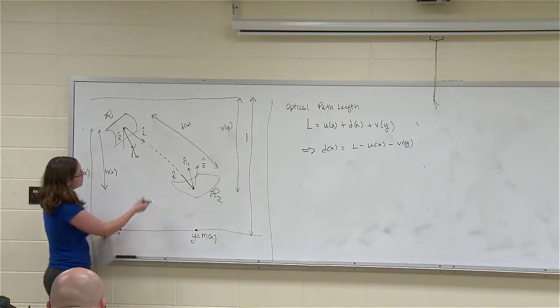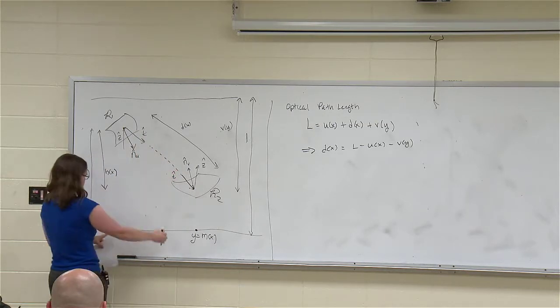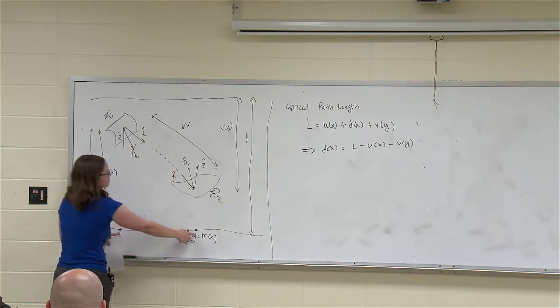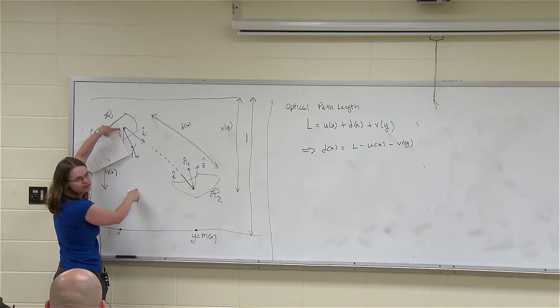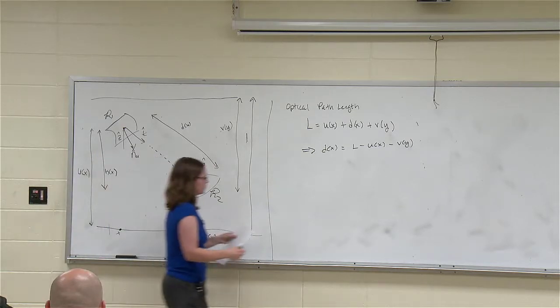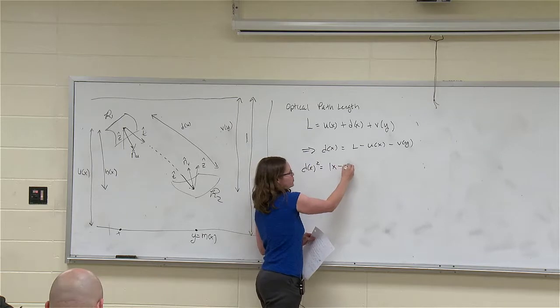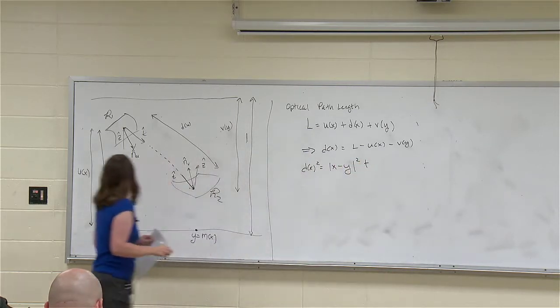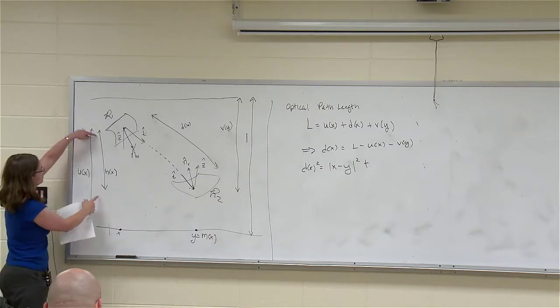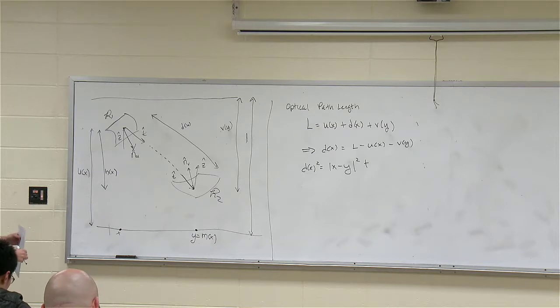But another way to characterize it would be to say this is the hypotenuse of a triangle, where we have this distance from x to y as one length, and this distance between these two guys is another length. So we could also write d squared equals x minus y squared, which is the horizontal distance, plus this distance squared. Let's see if we can characterize that a little bit.